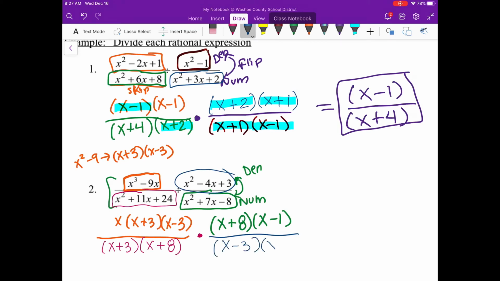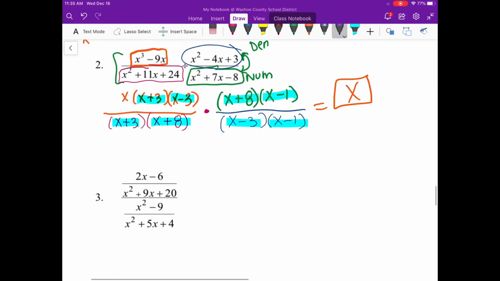What multiplies to 3 and adds up to negative 4, a minus 3 and a minus 1. Going through and canceling things out, we have a plus 3, plus 3, minus 3, minus 3, plus 8, minus 1, minus 1. So the only thing that survived was the x in the numerator. So we leave it like that. Technically, it could be over 1, but we don't need to write that part. So number 2 is just x.